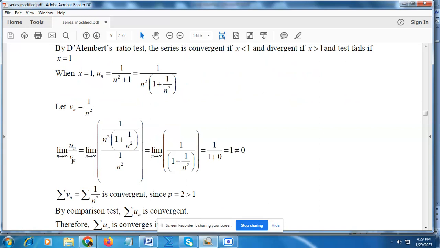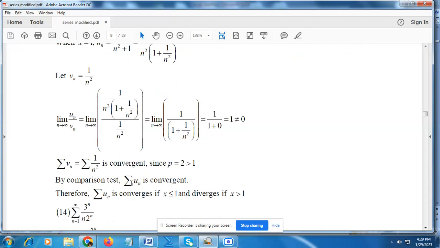Now limit un by Vn as n tends to infinity is not equal to 0. So sigma Vn, 1 by n square, is convergent by the P series because P is equal to 2, which is greater than 1. By the comparison test, sigma un is convergent.